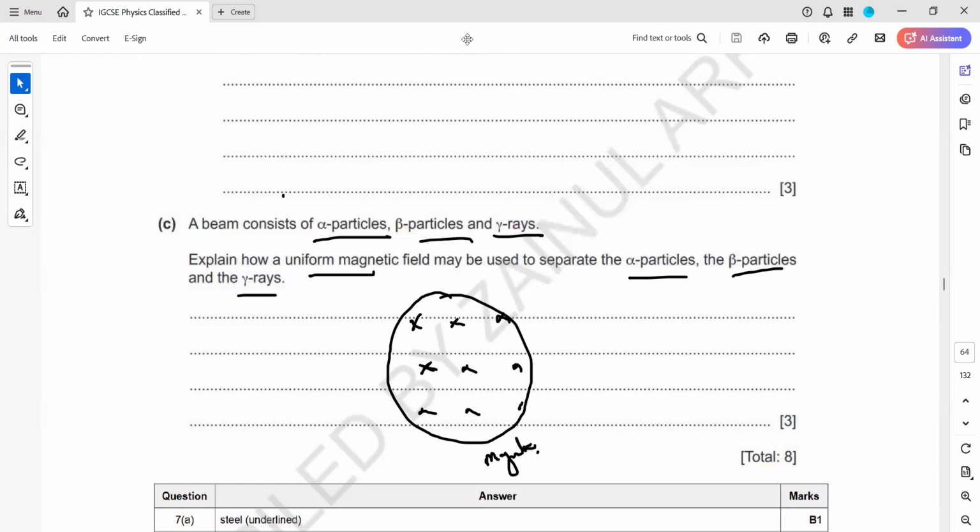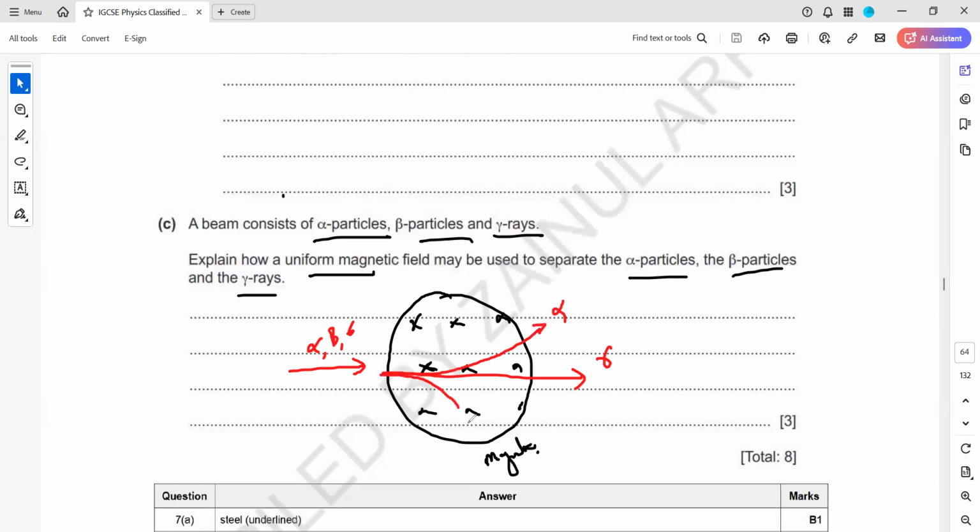So the particles alpha, beta, and gamma all move perpendicular to the magnetic field. How do we know it's gamma? It won't deflect. The radiation which does not deflect is gamma. The radiation which deflects less will be alpha.